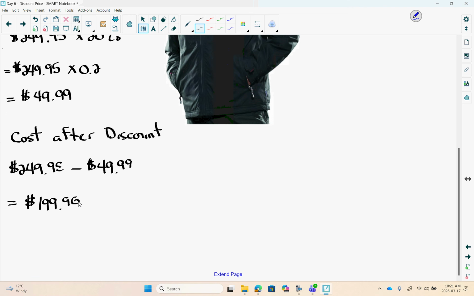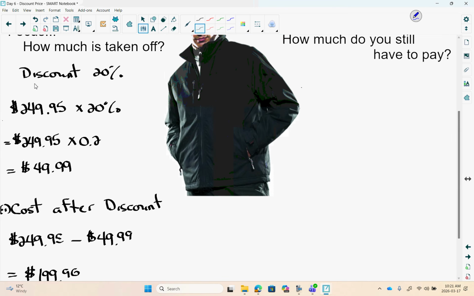It's 15% tax that's added to 100%, so you get 115% as a decimal, 1.15. Cool? So that's one way to do it. It's a two-step method that way. So I did step one, I figured out what the discount was. This was step one.